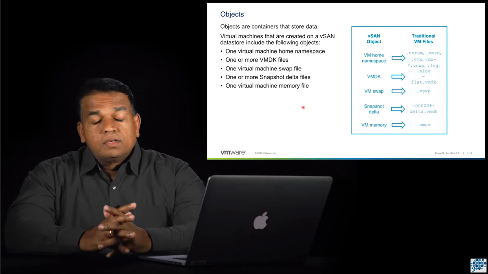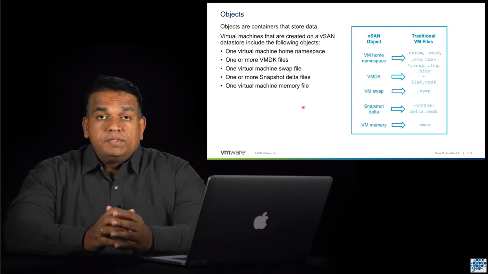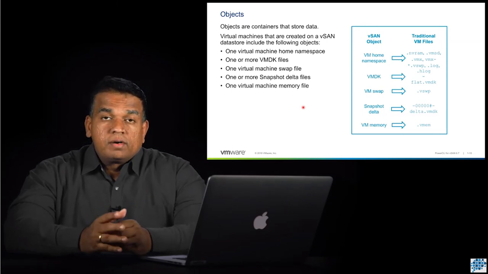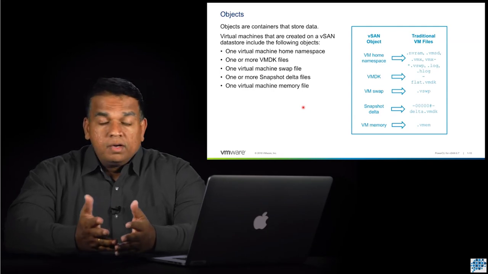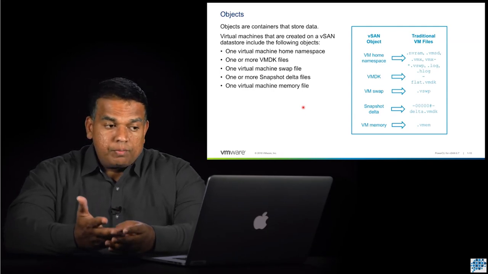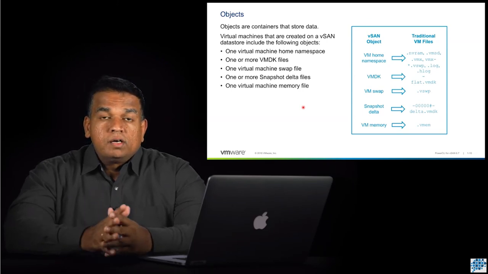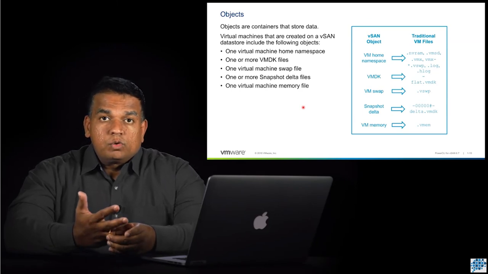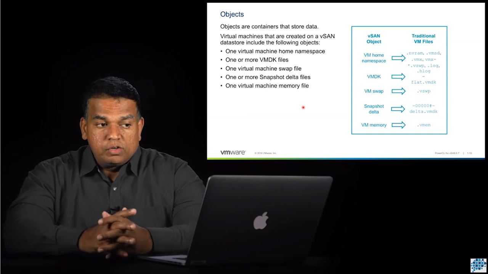Another important term is the objects in vSAN. So vSAN is an object-based storage. What it means is that whatever components we store on vSAN, which can be VMDK files, VM swap files, snapshot files, everything is stored in the form of an object. So we can say that the objects are actually the containers for these virtual machine components.